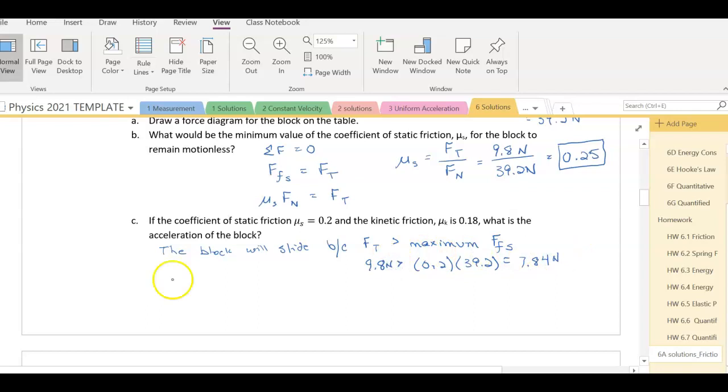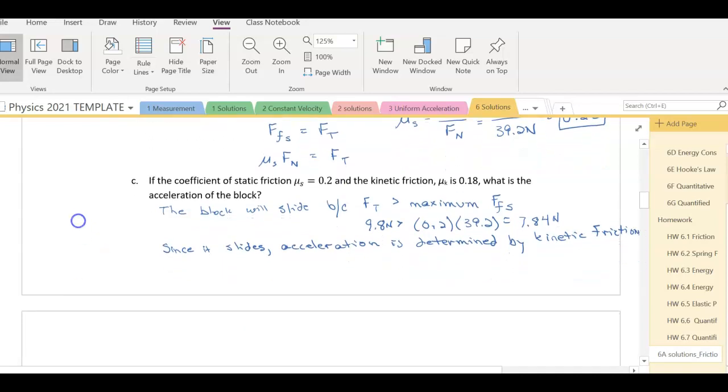Since it slides, the acceleration is determined by the kinetic friction. The object will be in the realm of kinetic friction.